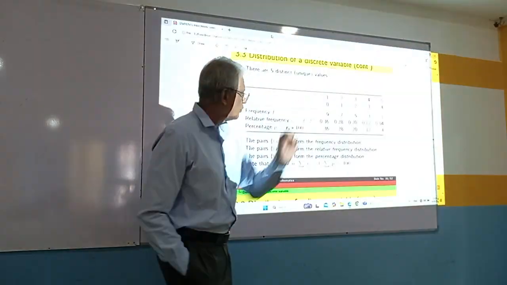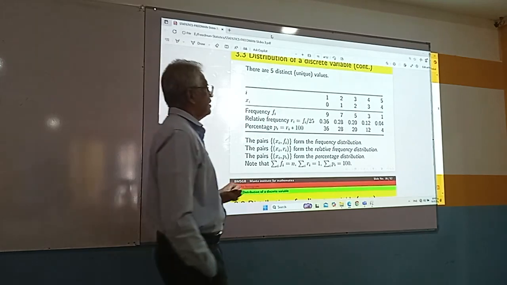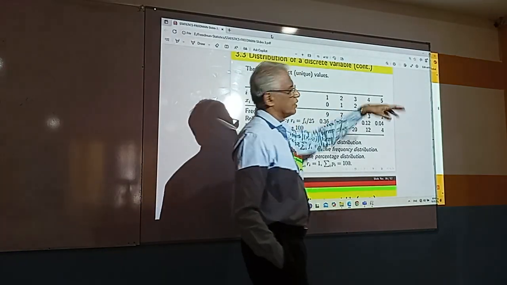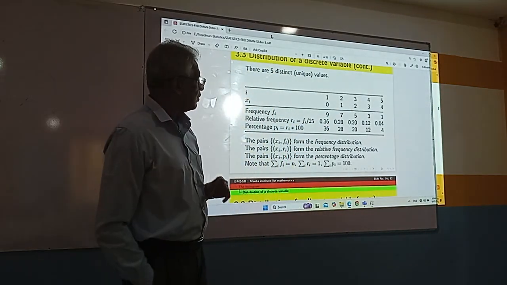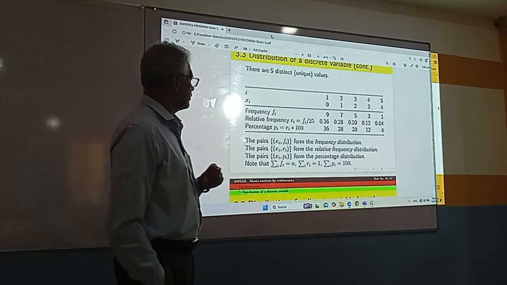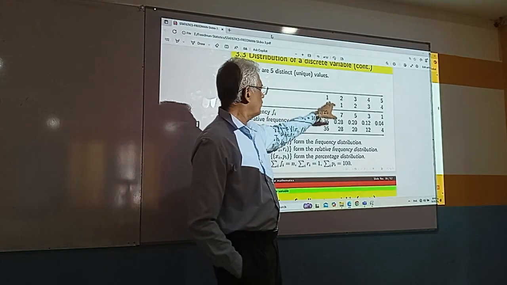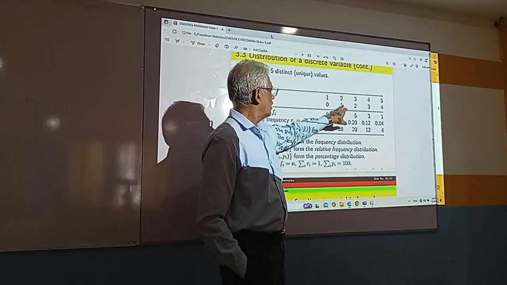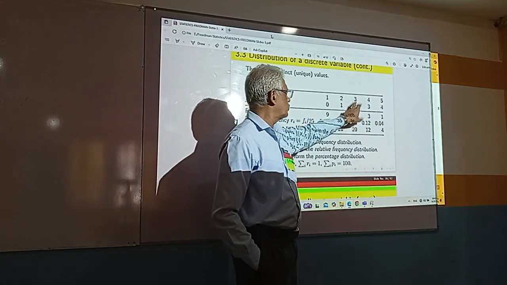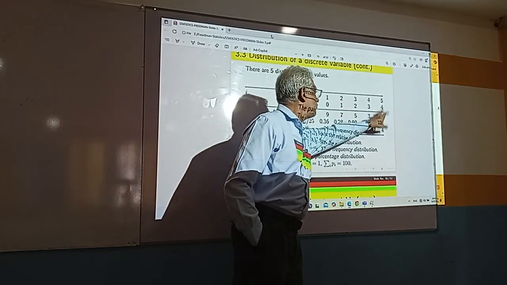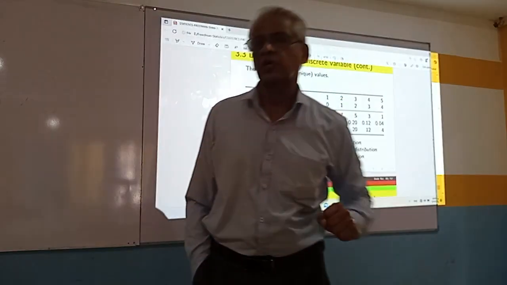Therefore, we don't have to put a 0 frequency there. We are including only the values which have more than 0 frequency. So frequencies here: we have 9 zeros, 7 ones, 5 twos, 3 threes and 1 four in the data set. The total number is 25.